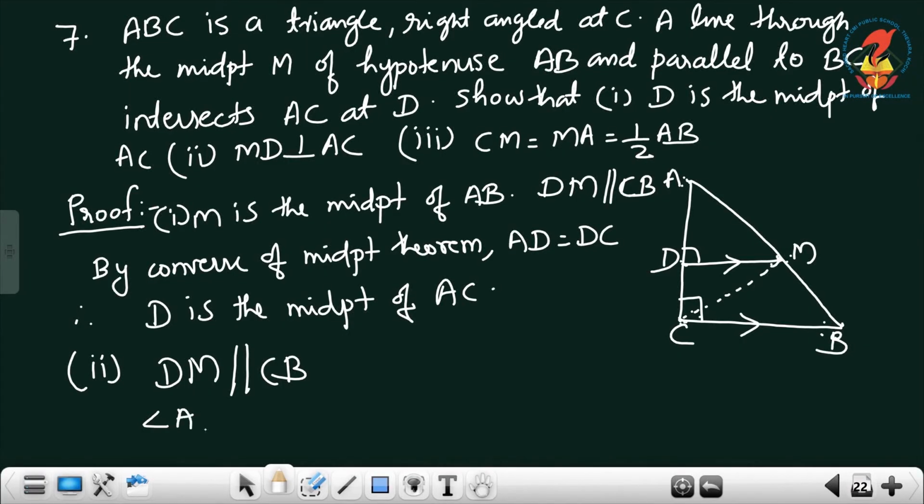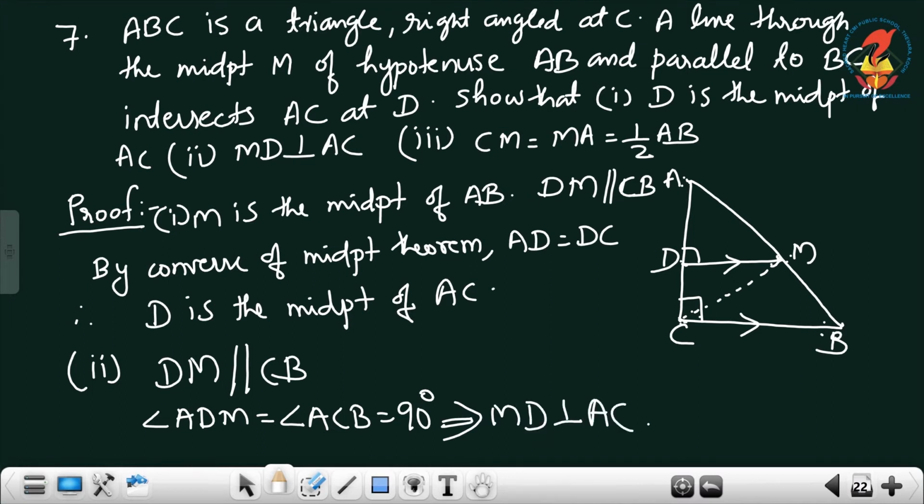Angle ADM equals angle ACB equals 90 degrees. This implies MD is perpendicular to AC.